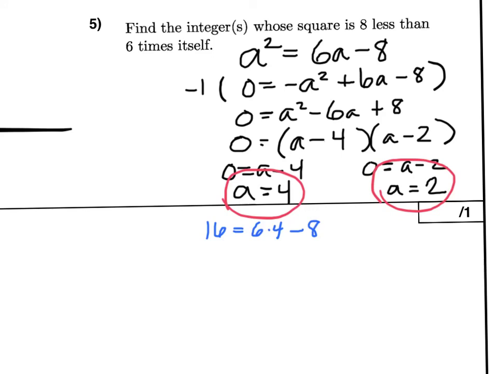Let's see if it works. 6 times 4 is 24 minus 8. Well, that makes 16. So 16 does equal 16. Now let's try our 2. So 2 squared is 4. Now we have to do 6 times that 2 minus 8, which would be 12 minus 8. And 12 minus 8 is 4. So they are both solutions to this problem.